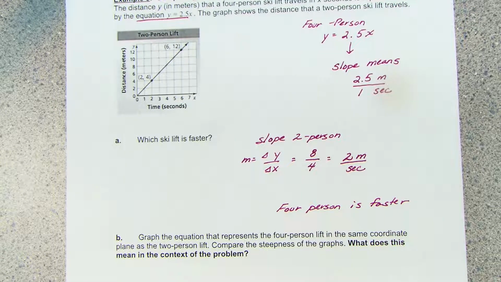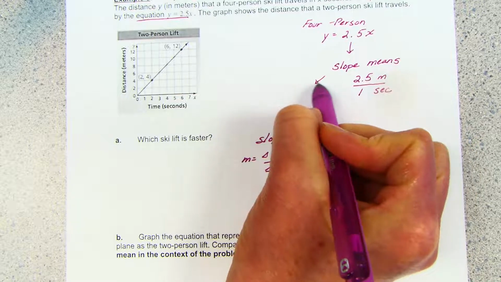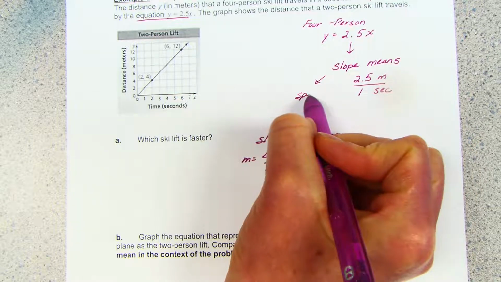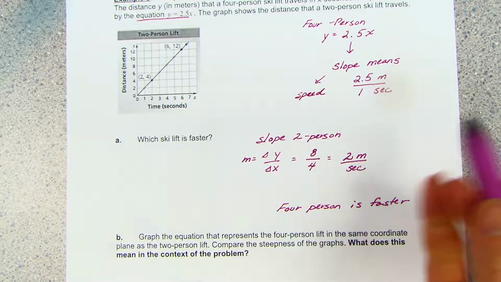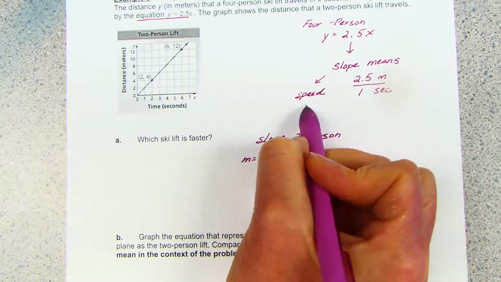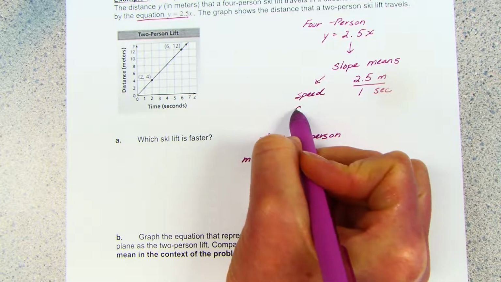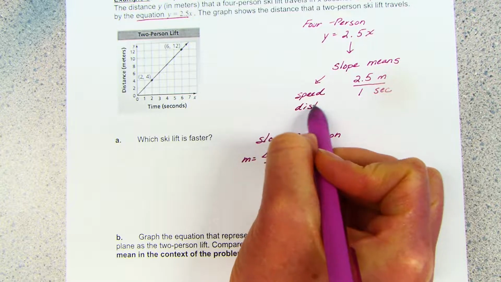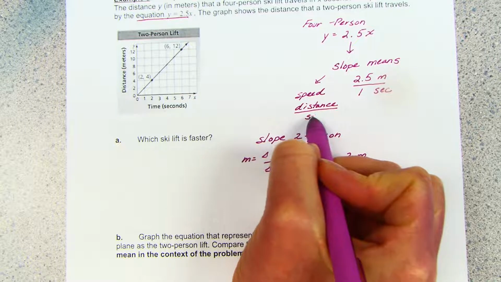Get everything there. I'm going to add on that the slope is the speed. Okay, we got that. Speed is the distance divided by the seconds.